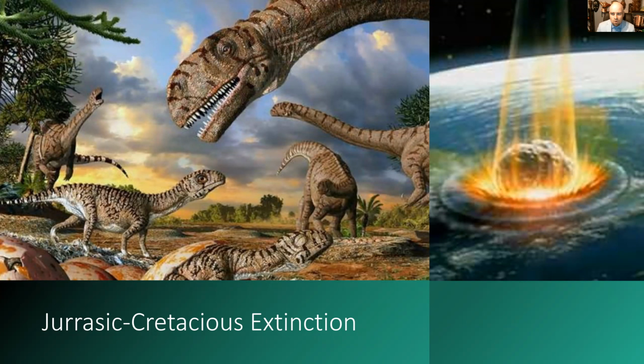But more importantly, globally, it caused dust clouds that blocked out the sun and negatively impacted plants and such, decreasing the food for dinosaurs for 5 or 6 years at least. So this event caused the die-off of most of the dinosaurs and all kinds of other animals as well.